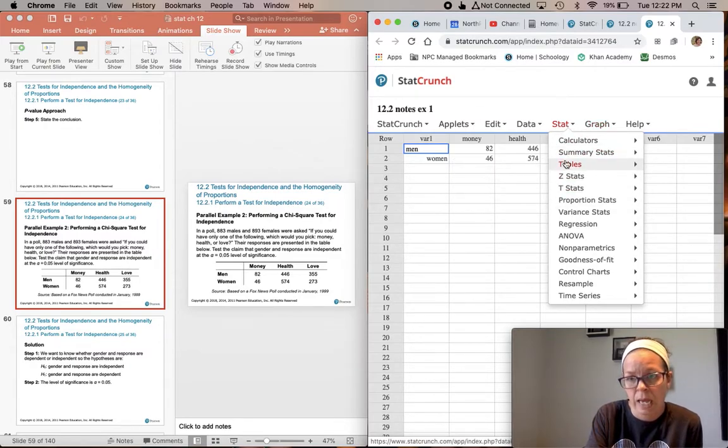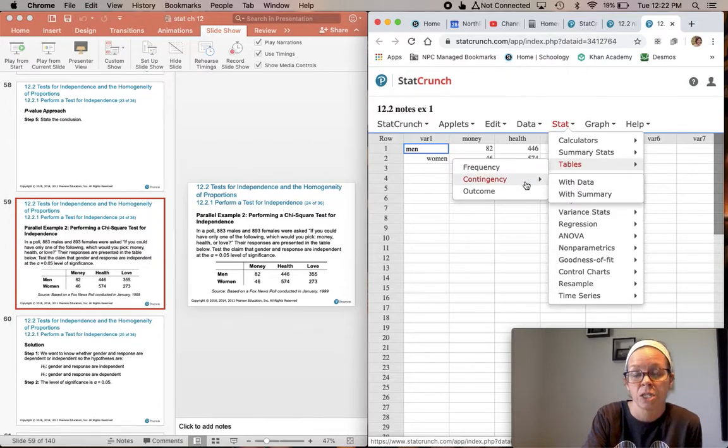Stat tables, because we have a table of data here, and it's called a contingency table. What we have is a summary. Data would be like respondent number 1 is male and said health. Respondent number 2 is male and said money. That would be a lot in this case, 1,776 pieces of information.